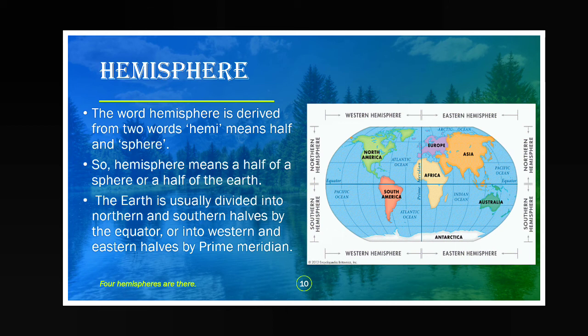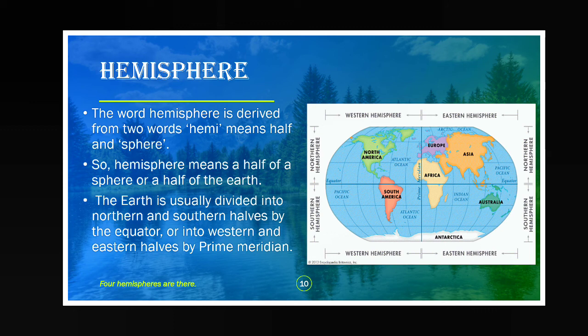And when you imagine that only one line is present, the prime meridian from the North Pole to the South Pole, then it creates two divisions: towards its right hand side, the eastern hemisphere, and towards its left hand side, the western hemisphere. So according to the equator, we get how many hemispheres?